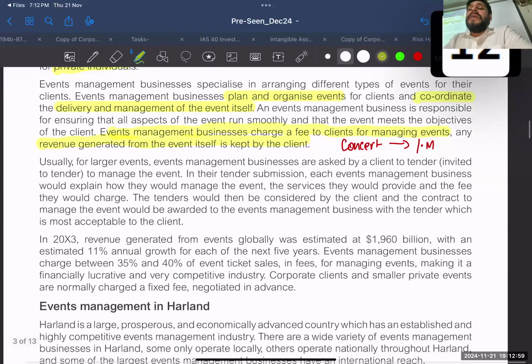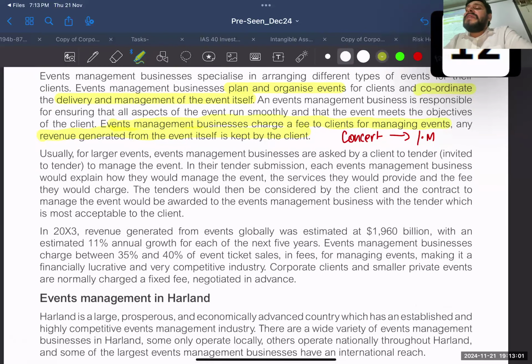Usually for larger events, event management businesses are asked by the client to tender. Now, what's a tender? Can anyone explain to me? What do you understand by the word tender? Tender is an invitation for offer. Quotation, yes. Tender means that okay, I have to arrange a larger event.